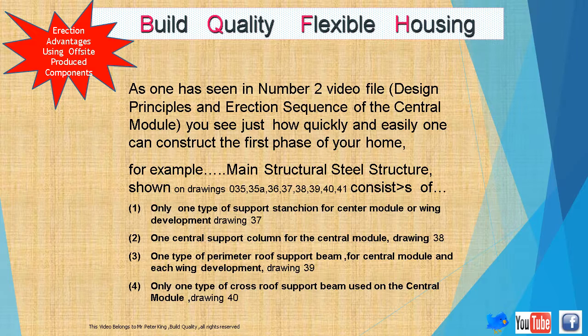Only one central support column for the central module. Only one type of perimeter roof support beam for the central module and each wing development. Only one type of cross roof support beam used on the central module.